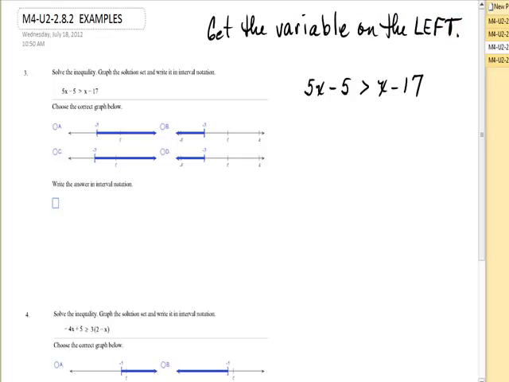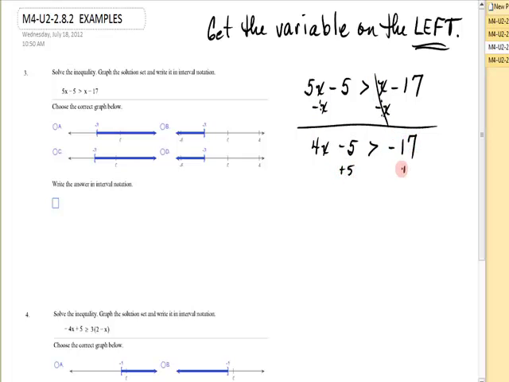No longer am I going to think about, do I want to get rid of the small one or the large one? I want the variable to be on the left so I can read the answer, x is greater than something or x is smaller than something. Because of that, I'm going to subtract x from both sides, and it is an implied 1x. So I'm left with 4x minus 5 greater than negative 17.